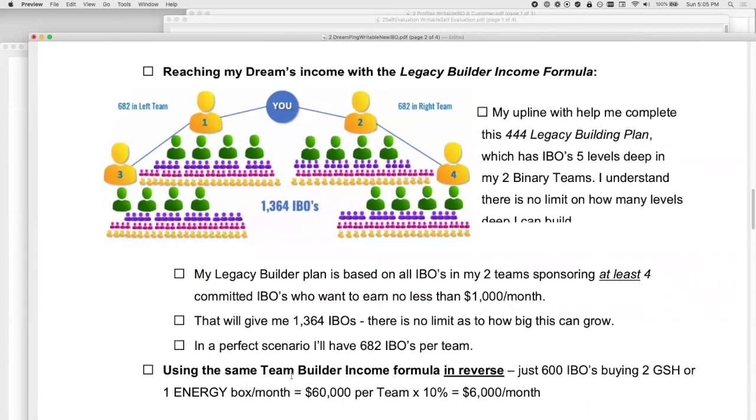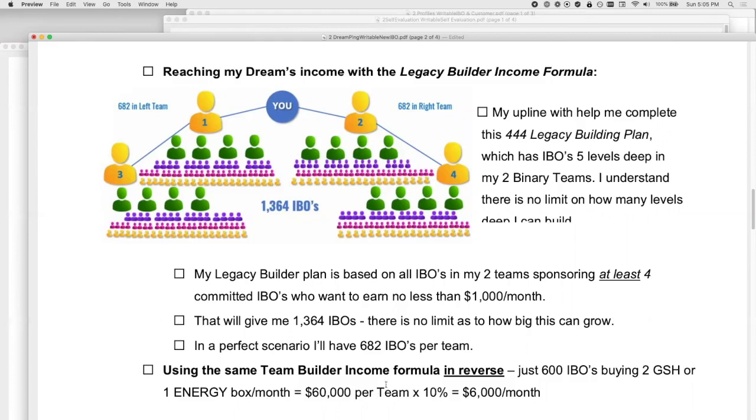Now, using the same team builder income formula in reverse, let's just assume instead of 682, we only have 600 IBOs on each side, buying 2 GSH or 1 energy per month. That will equal $60,000 of volume. That's the volume of products sold on each team.